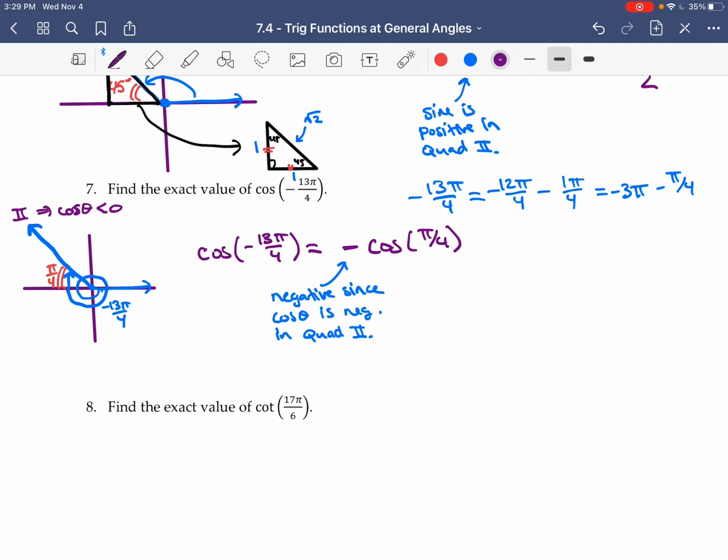Okay, and then we know cosine of pi by 4 is root 2 over 2. So this is going to be negative root 2 over 2, or negative 1 over root 2, whatever you prefer.